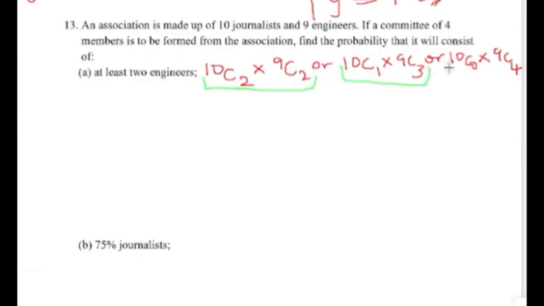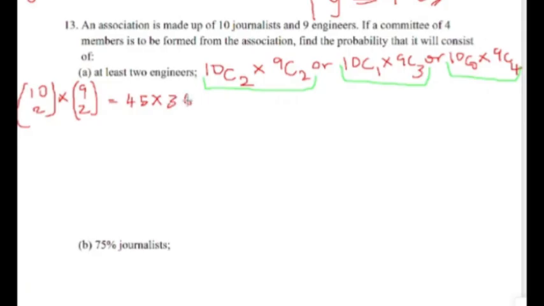We'll start with 10 combination 2 times 9 combination 2. 10 combination 2 is 45, times 9 combination 2, which is 36.